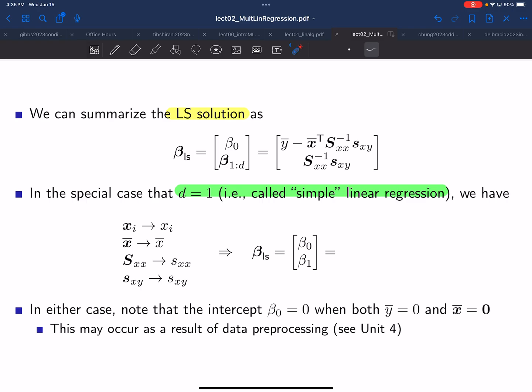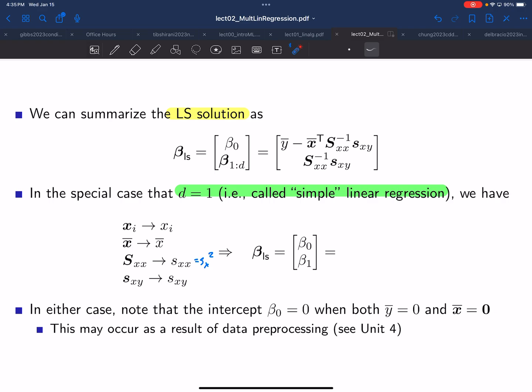And all it has in it is the variance. There are basically two ways to write the variance. You can write it sx squared or you can write it sxx. In either case, that's just the variance of the single feature that we're working with if d equals 1. And then this SXY vector also becomes just a scalar because there's only one feature and one target.